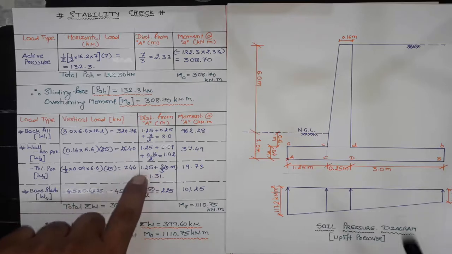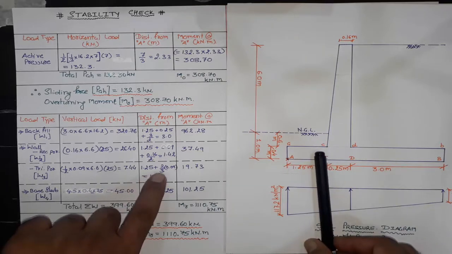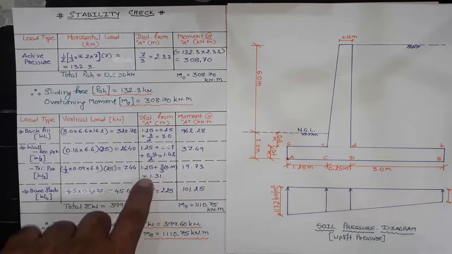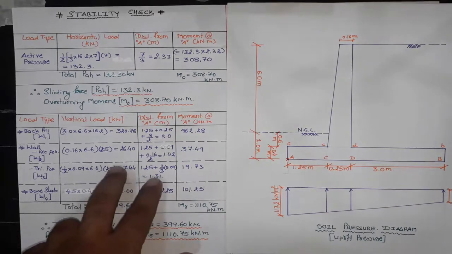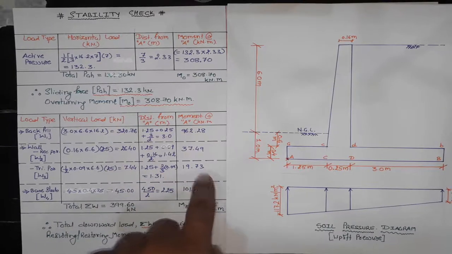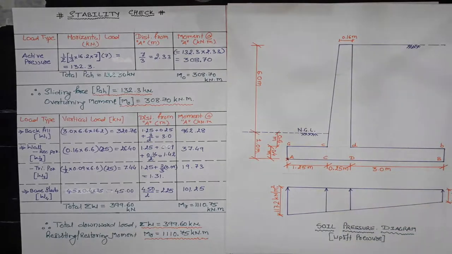Distance of CG will be equal to 1.25 plus 2/3 of 0.09, that is 1.31 meter. Multiplication of these two values comes out to be 19.73 kilonewton meter, which is a clockwise moment.